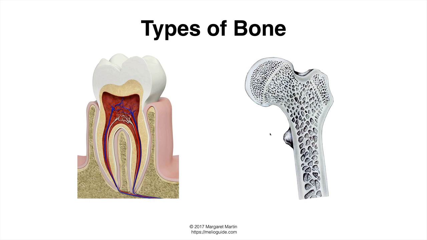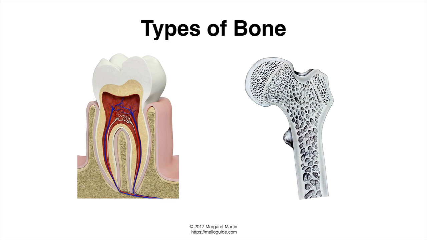Types of bone. As you saw in the first image, there is this picture of the femur, and you had this hard outer shell here, and then on the inside, what looks like more of a spongy type bone. And so those are the two types of bone.